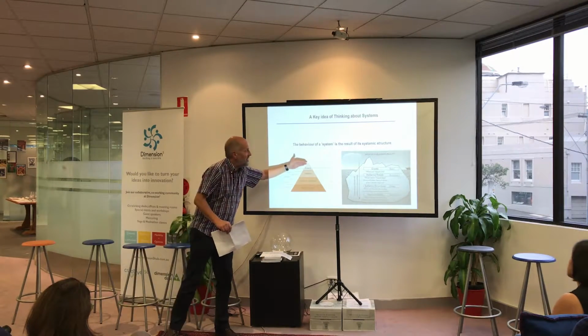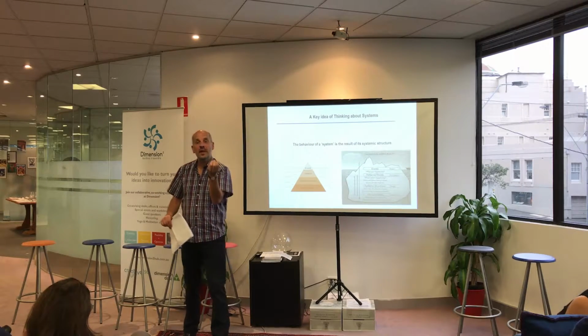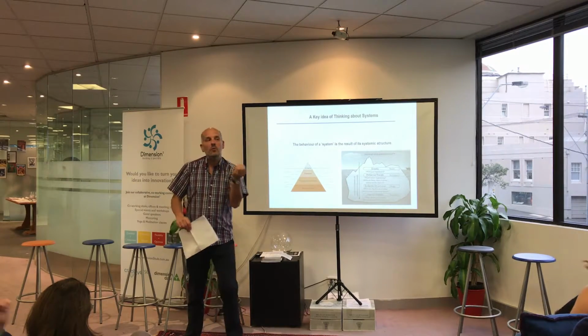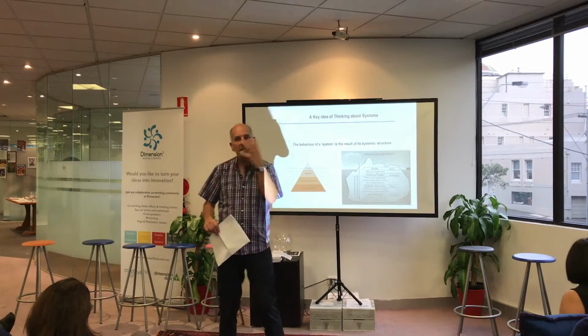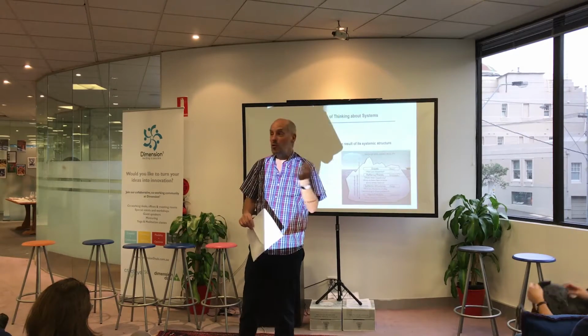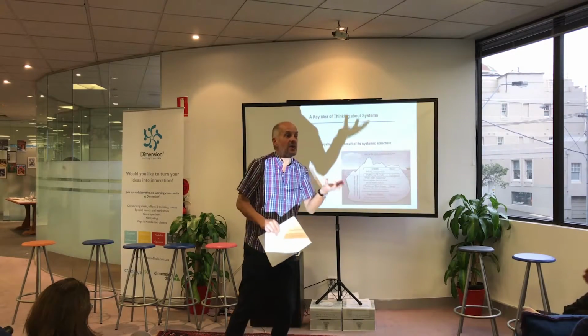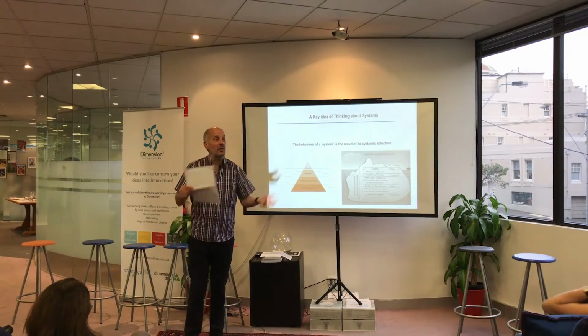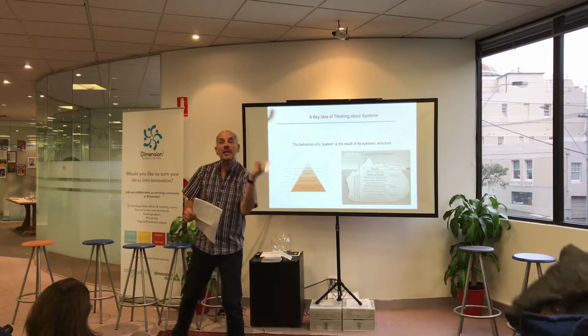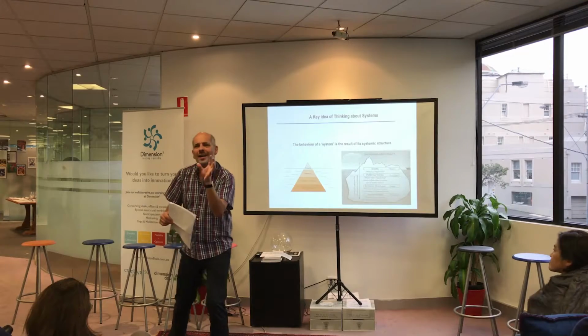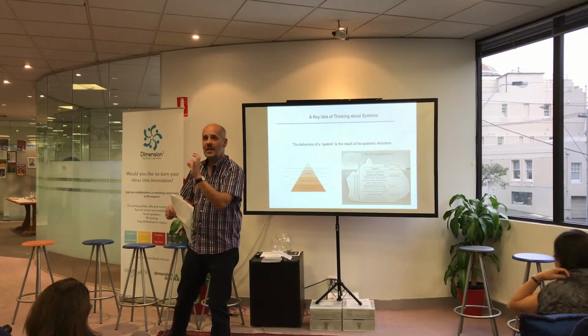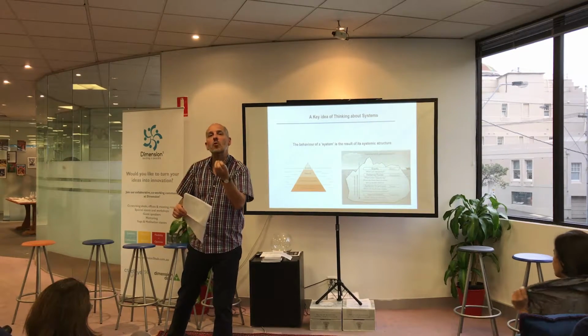And we start with events, so we live in a world of events. When I was first introduced to this, we used to talk about the daily news or the newspaper. But today you could talk about social media as well. Something happens today and then it's gone. Or it might last for 2 or 3 days and then it's gone. So that's the world of events.